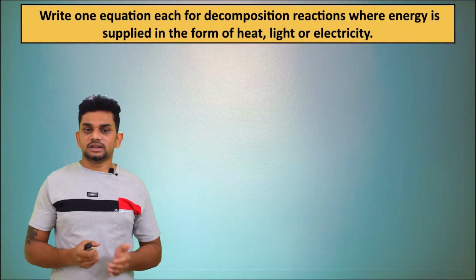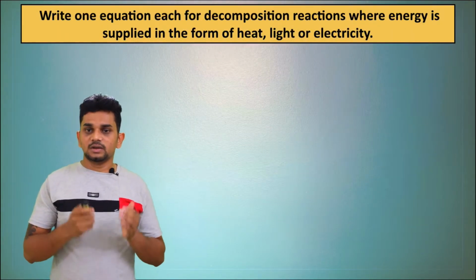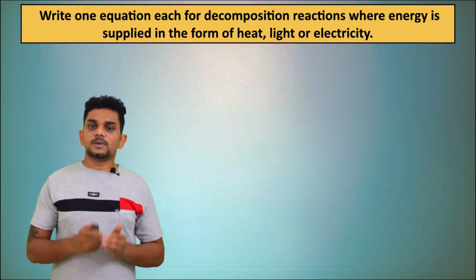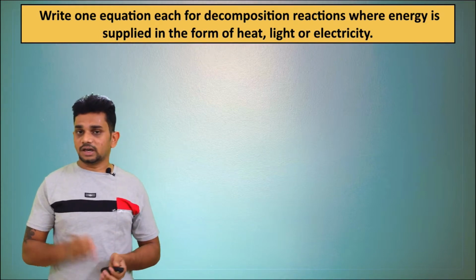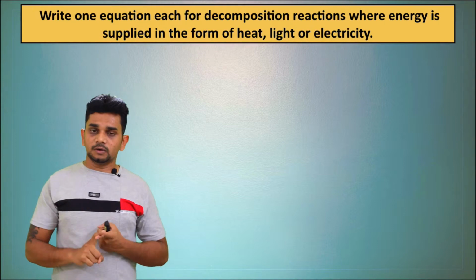Write one equation each for decomposition reactions where energy is supplied in the form of heat, light or electricity. There are three types of decomposition reaction: thermal decomposition, electrolytic decomposition and photo decomposition.